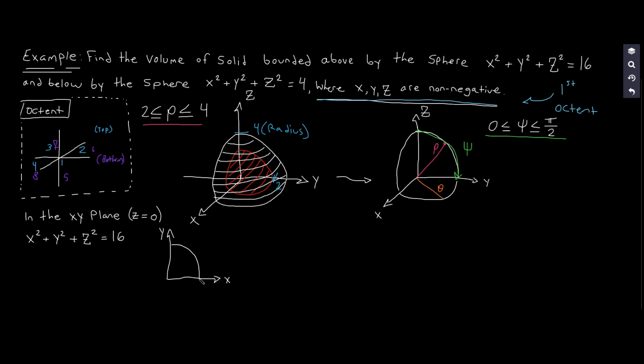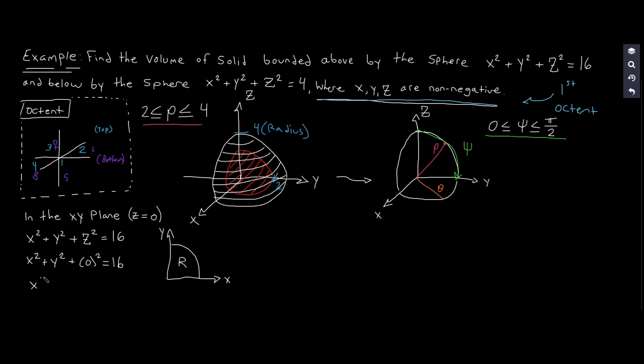We have the sector of our circle in the positive xy plane. We take our equation and z gets set to 0 because we're in the xy plane. So x squared plus y squared plus 0 squared equals 16.